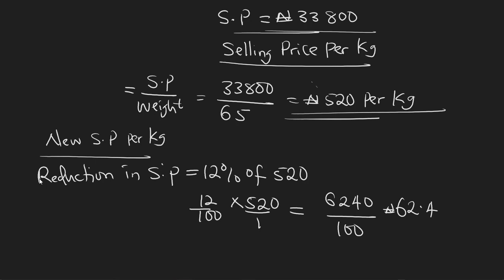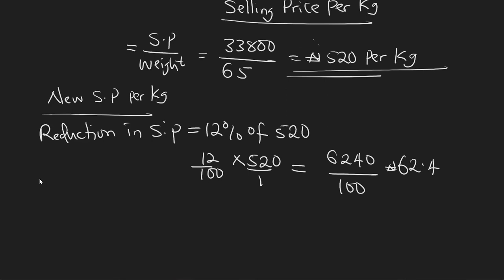So the question says, what is the new selling price per kg? Of course, the new selling price is actually the selling price here, minus the reduction in selling price by 12%. So if we subtract that, we will be able to get our new selling price. So the new selling price will be equal to 520 minus 62.4.